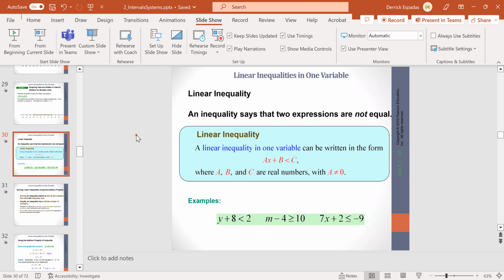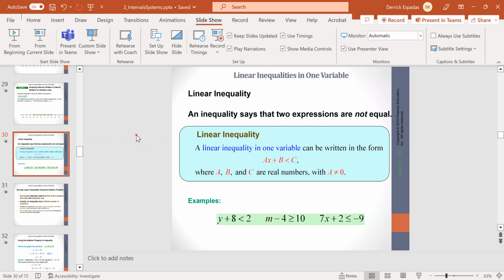So we would think about the values that are less than -9. I'm just trying to think this off the top of my head. I would say we can throw in -10, which would be -70 plus 2, which would be -68, which is less than -9. So you can see there's a bunch of different options in there.